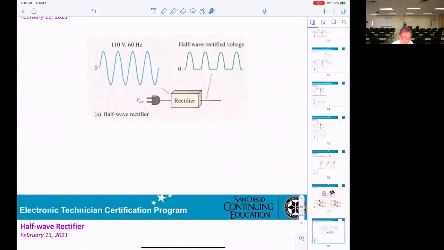Okay. And now you can get the rectifier. They just gave you the picture for the rectifier. What does that mean? Converting AC to DC. You get AC on this side, go to the rectifier. They come up with DC, positive DC.